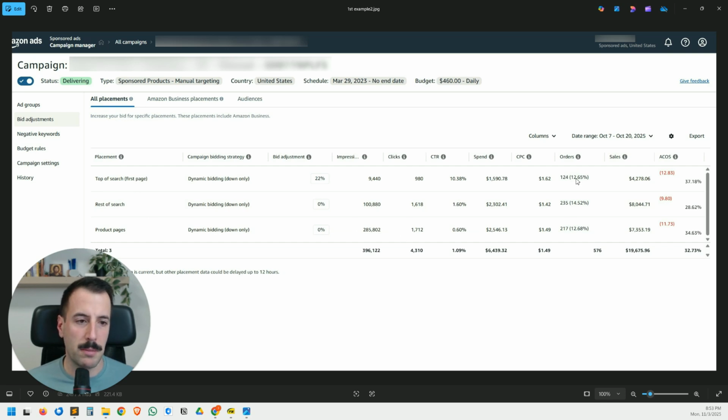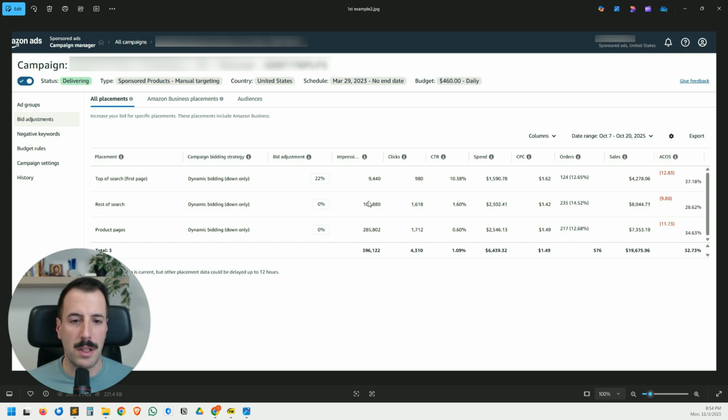And not only that, but even orders. The least number of orders are coming to top of search, but the conversion rate is more or less the same, and we see that rest of search has an even better conversion rate than top of search. The overall ACoS is 32%, and here's the breakdown of the ACoS between the different placements.